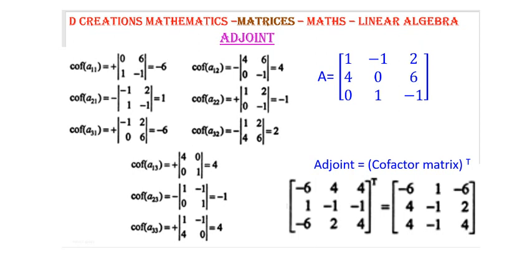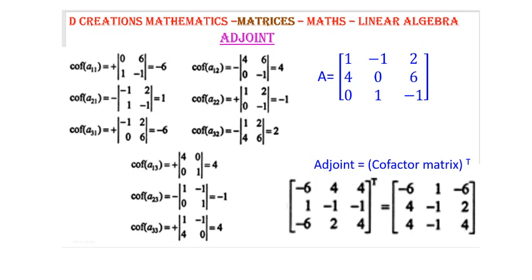But here again, the addition of the row number and column number is odd, so the sign becomes minus. So minus of minus 1, answer is plus 1. Now let us go to element A22. Here the sign is not going to change because the addition of 2 plus 2 is 4, an even number, minus 1 raised to that would be plus 1.